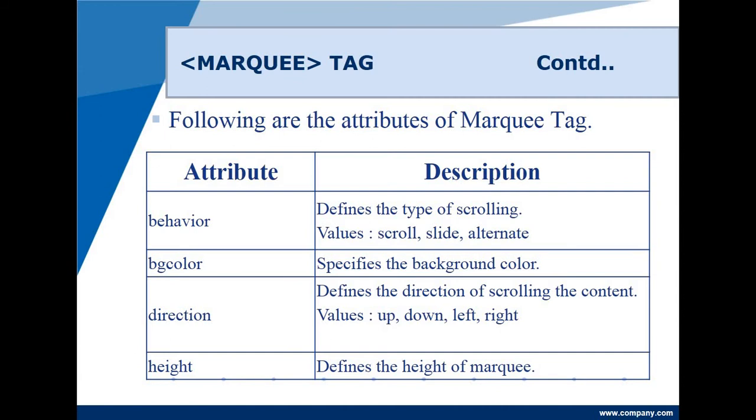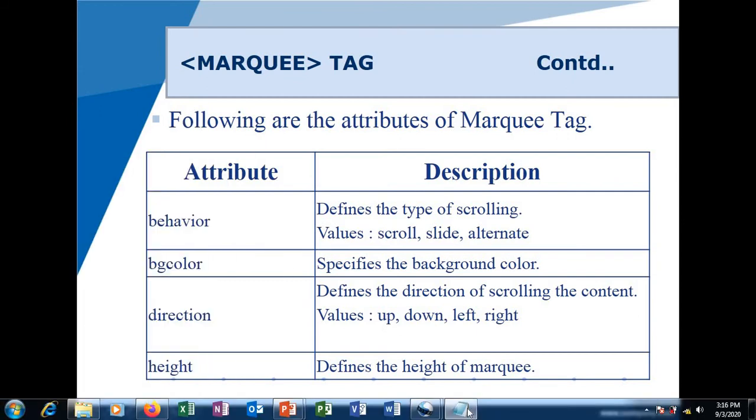Let us understand behavior first. For behavior we have 3 values. It can either be scroll or slide or alternate. Let us add this attribute, and then we'll find out what changes this behavior will bring in.